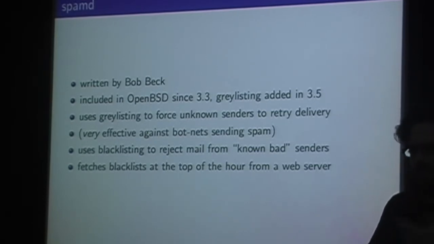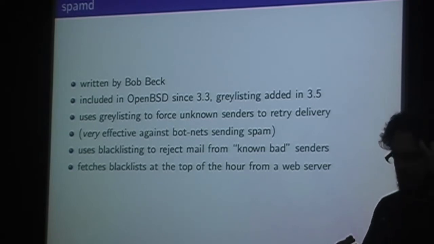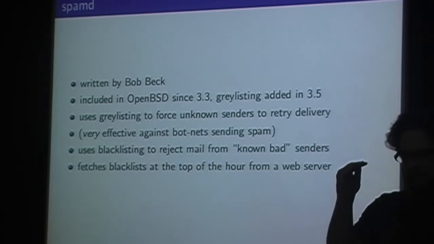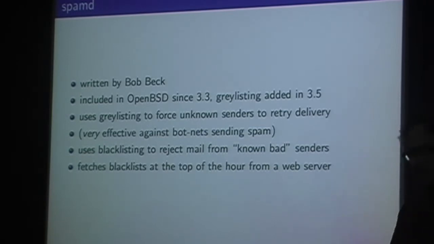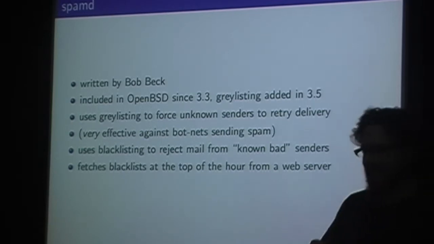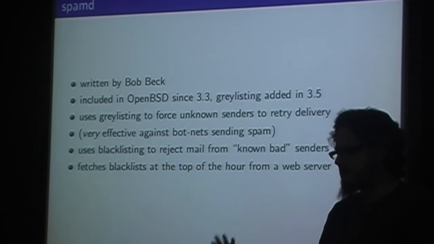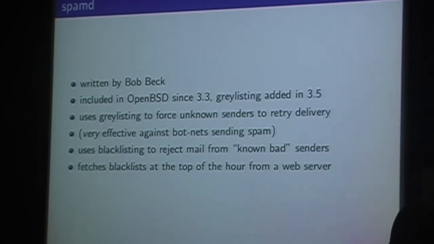Most commonly in the default OpenBSD configuration, it is a 2-line change to enable fetching from the central OpenBSD web server. And so, as you can imagine, at 12:58, there's not a lot of traffic. 12:59 is not a lot of traffic. At 1 o'clock, everyone in the world hits it, and the downloads take quite a while. And then at 1:01, not much traffic.